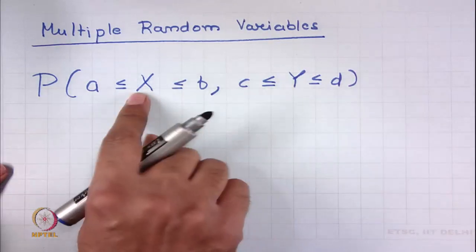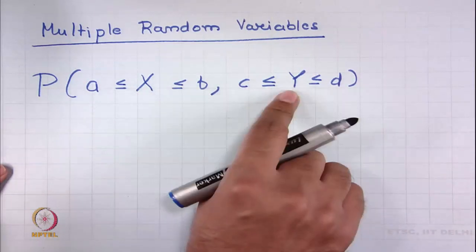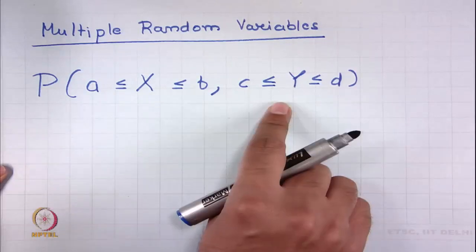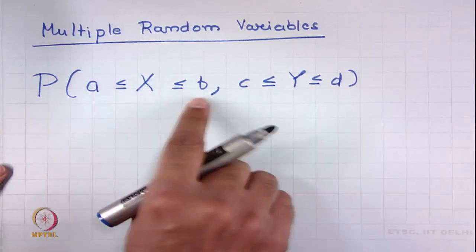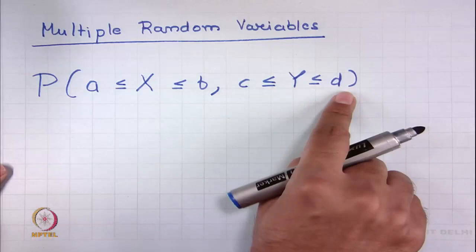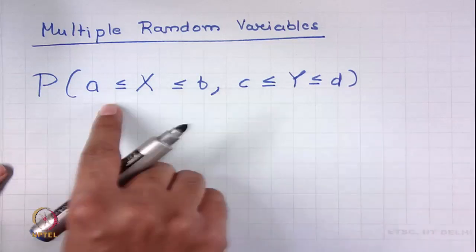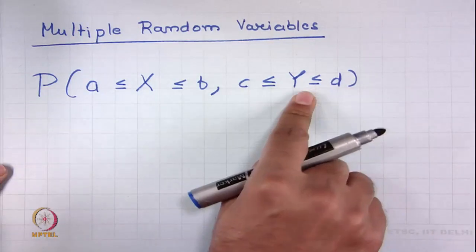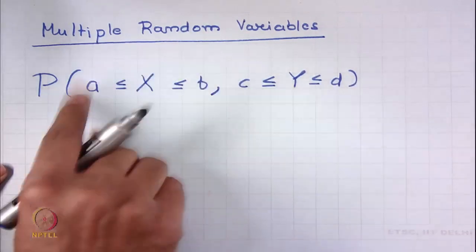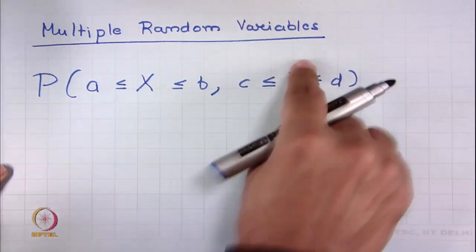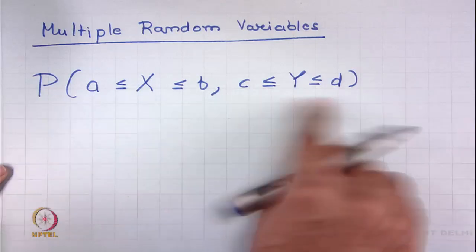Okay. So, I have two random variables here, x and y, and I am interested in the probability that random variable x lies between a and b and y lies between c and d, and I am interested that both these events happen at the same time. So, when x takes the value between a and b, y takes the value between c and d. So, what is this probability?